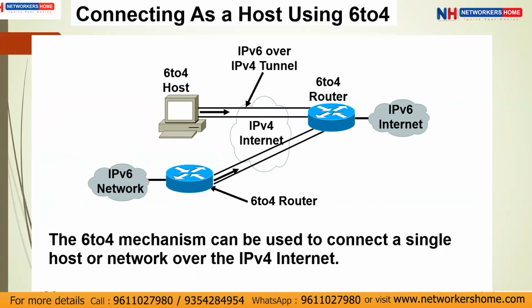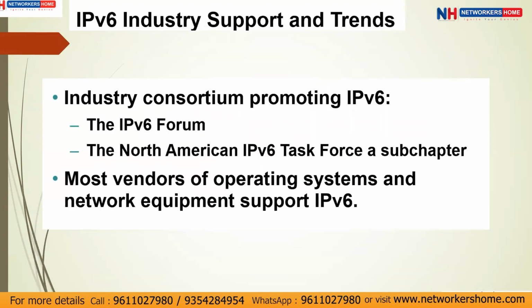And the 6to4 mechanism can be used to connect a single host or network over the IPv4 internet. 6to4 means the tunnel source and destination are IP version 4 and the tunnel addresses are IP version 6, to bypass the IPv4 network.